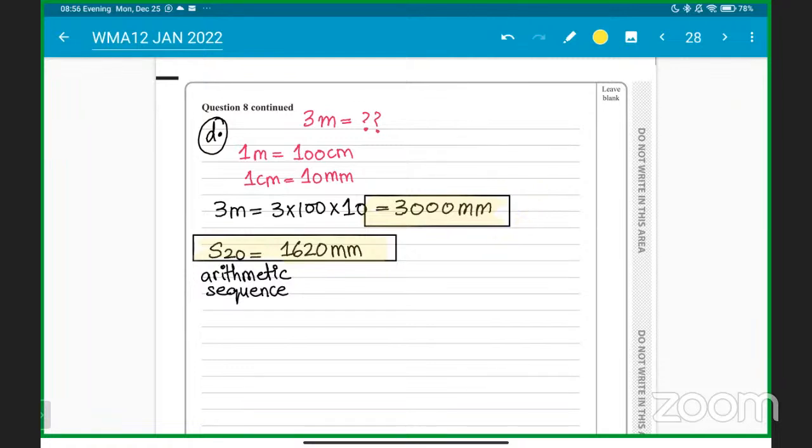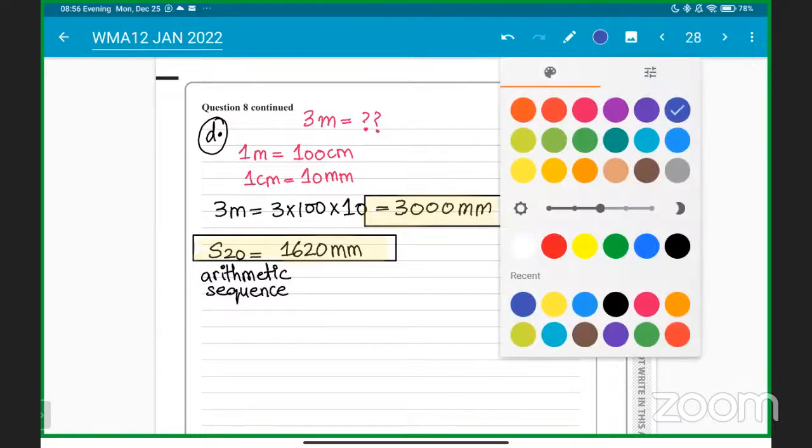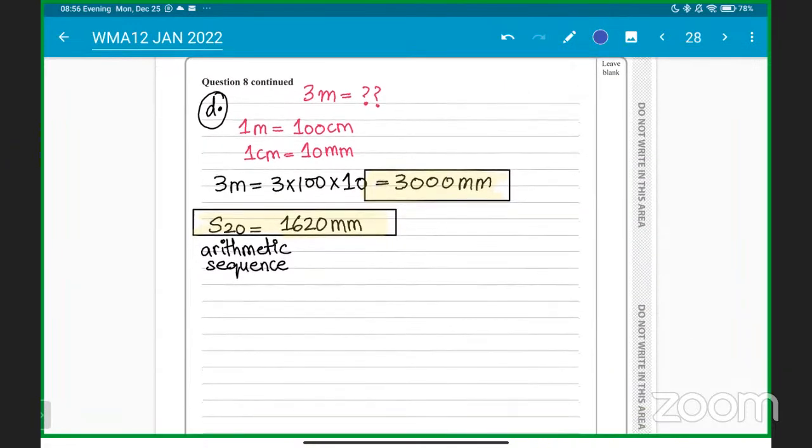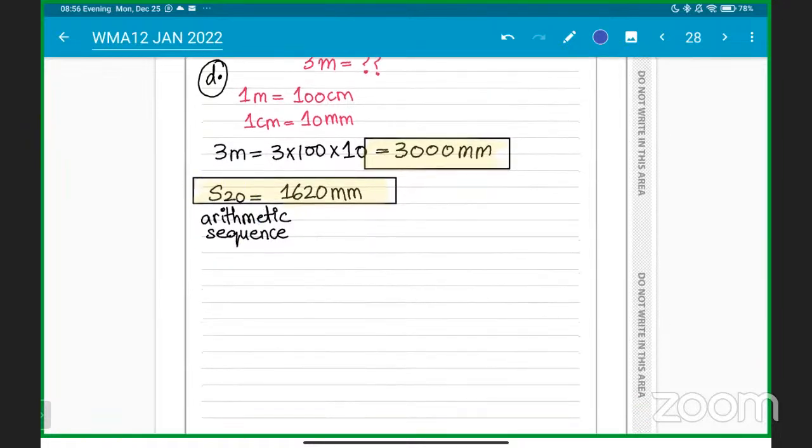So the answer is more than 20 hits. Now, how do you find it? Because after the 20th hit it formed a geometric sequence, we can say that 3000 minus 1620 will be covered from the geometric sequence distance.